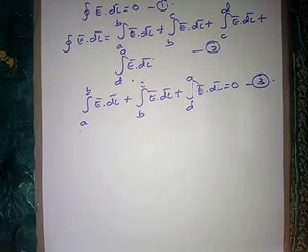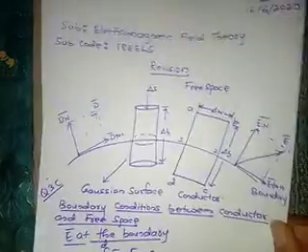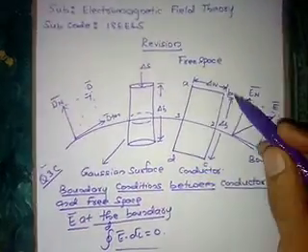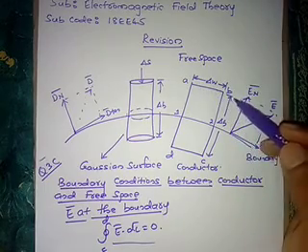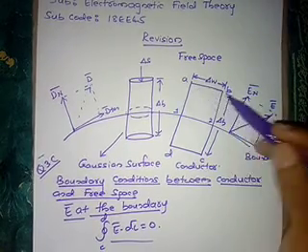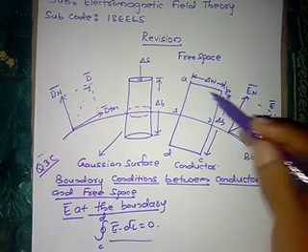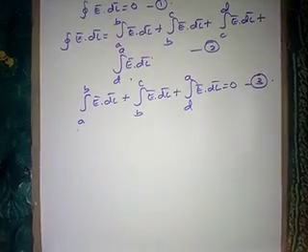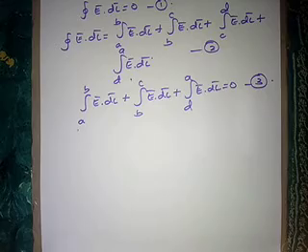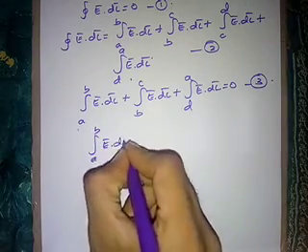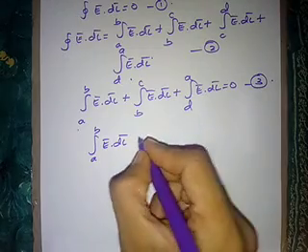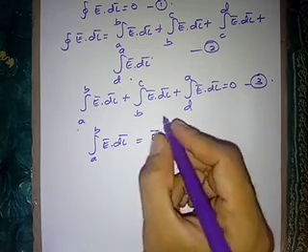The width delta W is very small. So we can assume that E bar is constant throughout A to B, right? It becomes a flat surface. So because of this, for integral A to B E bar dot dl bar, we can take E bar outside because it's a constant.